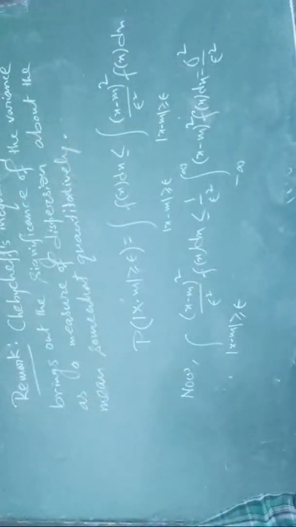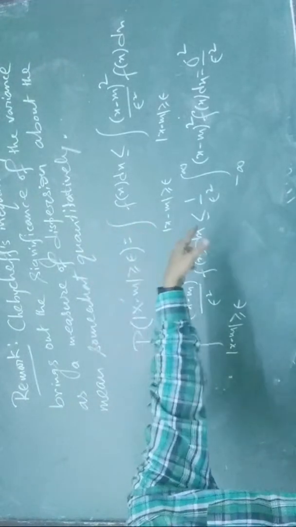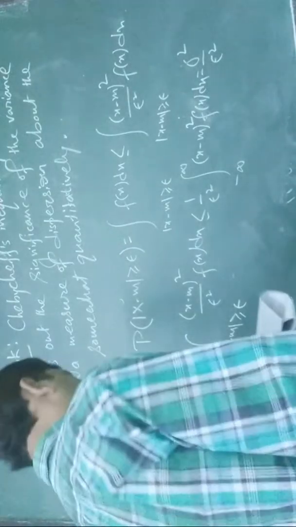You are quantifying the measurement sigma square by epsilon square. Then I will get an actual value if I know the value of sigma and the value of epsilon. So you have a quantity, okay?